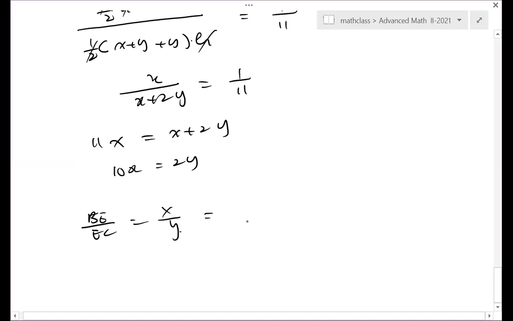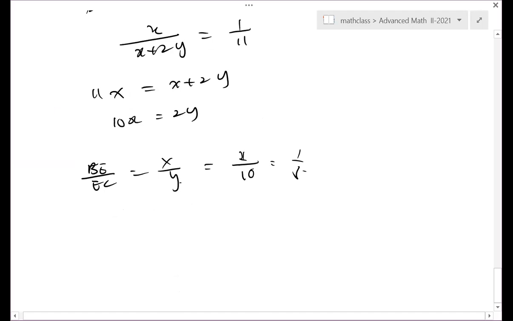X over Y is 2 over 10, which is 1 over 5.